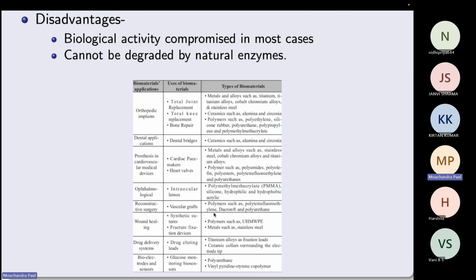You can remove it and in its place add a vascular graft, usually made from polymers like Dacron, polyurethane, etc.